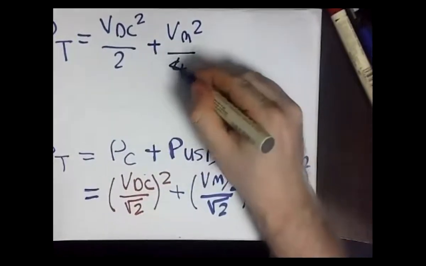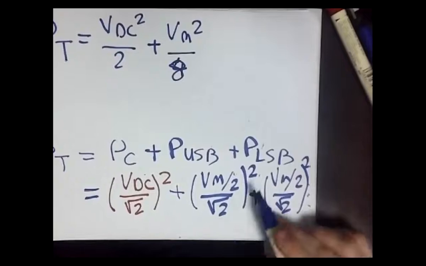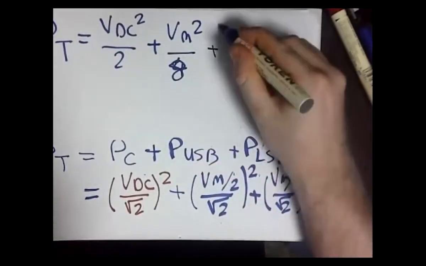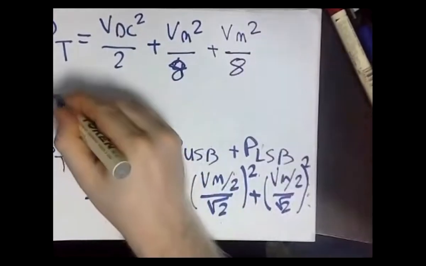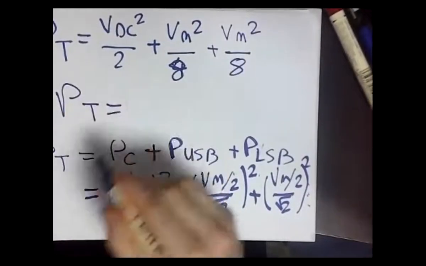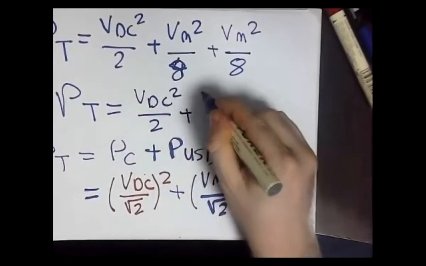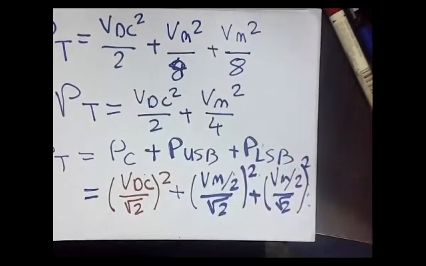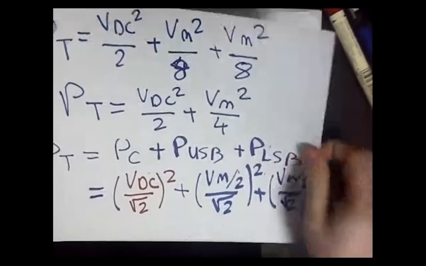No, it's not 4, I'm sorry, over 8, because 2 squared will give 4, and root 2 squared will give 2. 2 times 4 will be 8, and plus VM squared over 8. Or simply, you can say that PT is equal to VDC squared over 2 plus VM squared over 4, which is simply the summation of these two terms. Okay, that's perfect. This is just mathematical steps.